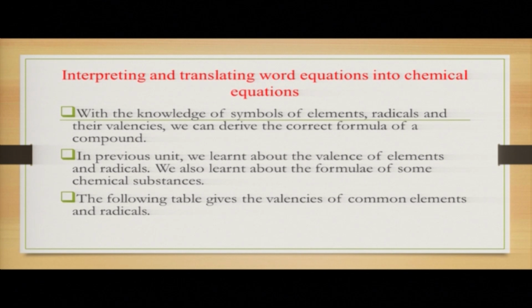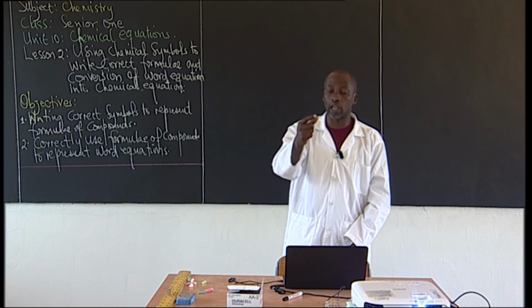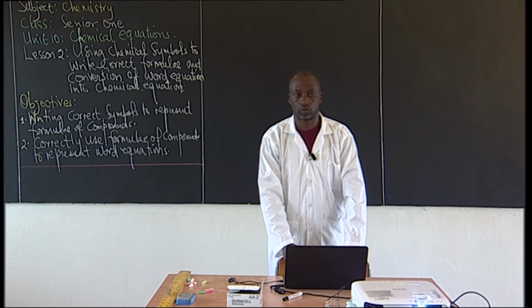And we are going to use these valences, the correct symbols of the radicals, and we can represent the formulae of the compounds. And as I'm writing on the blackboard, I will be expecting you as well to write in your notebook.